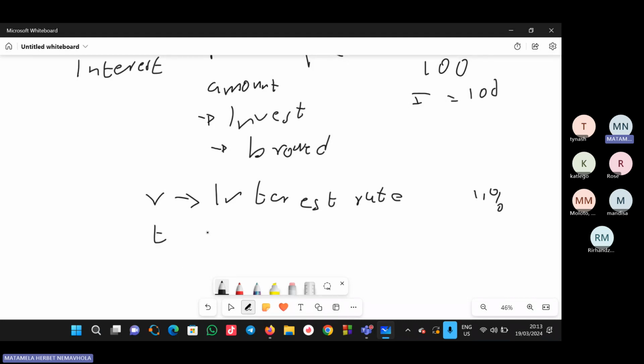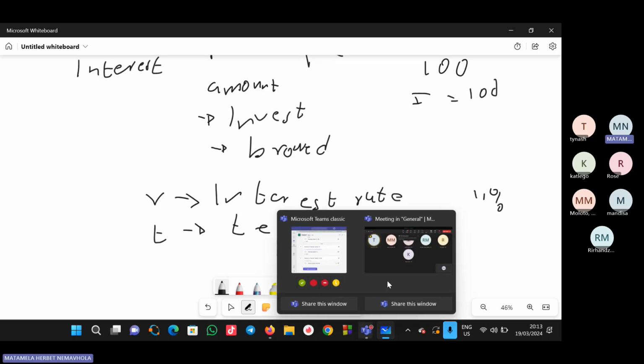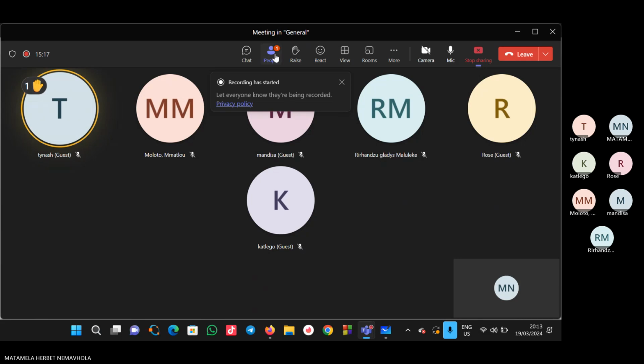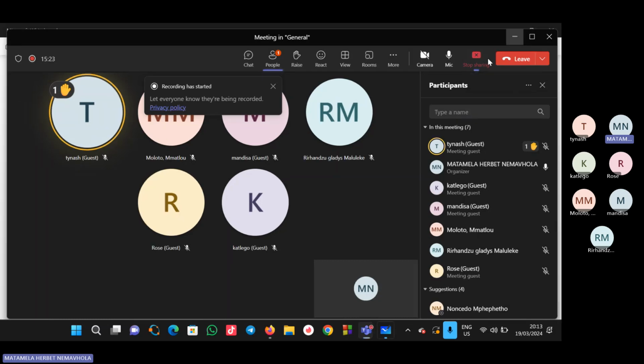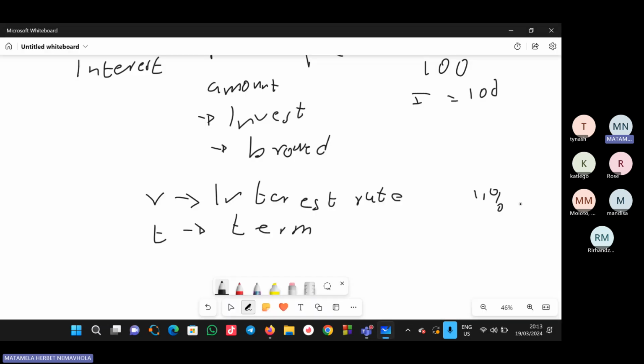And the T is the term. When we talk about the term, it can be the number of years, or it can be in terms of months. So that's the T.